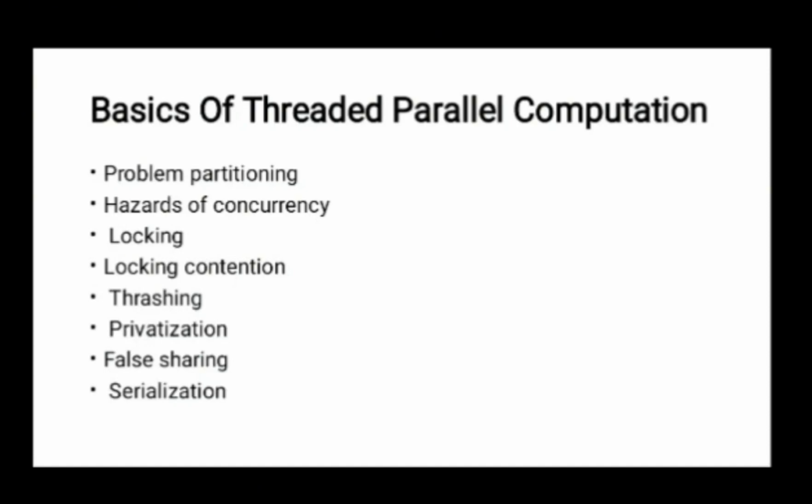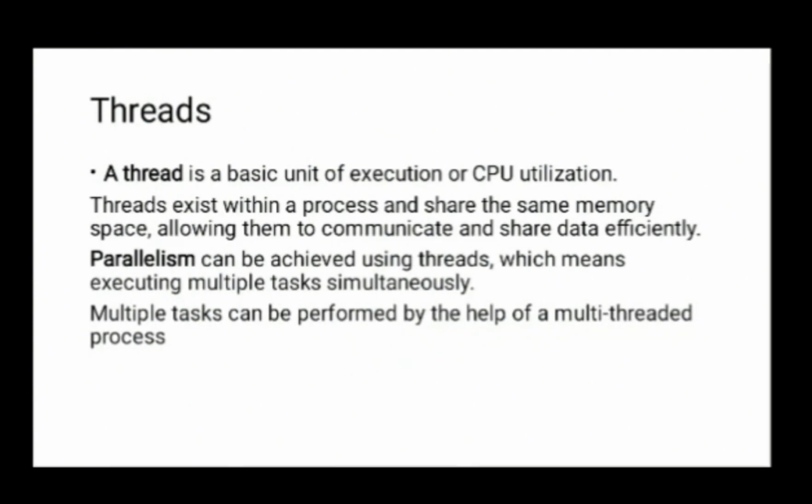And for parallelism to be achieved, it can be achieved through the use of threads, which implies you have to use multiple tasks simultaneously to achieve parallelism. So these threads can exist within a process or through a shared memory.